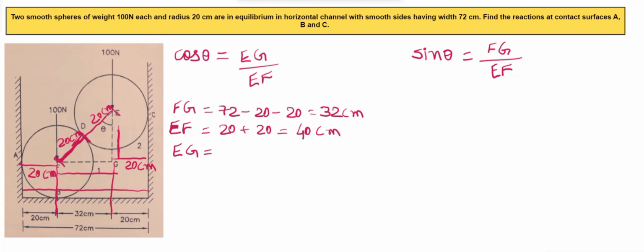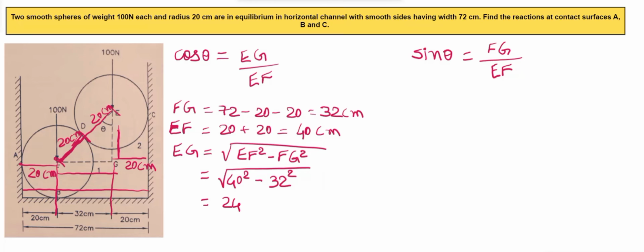Then we have Eg, which is equal to under root of Ef square minus Fg square, which will be equal to 40 square minus 32 square equal to 24 centimeter.